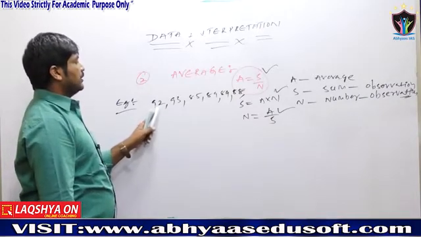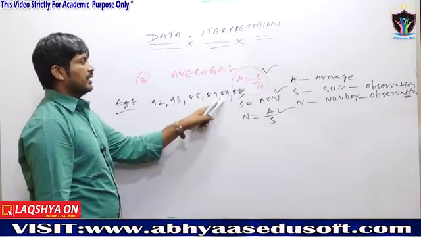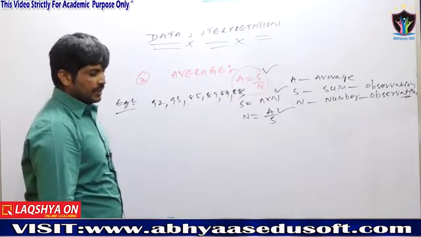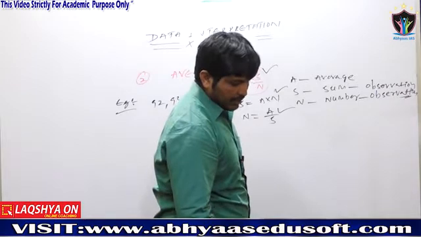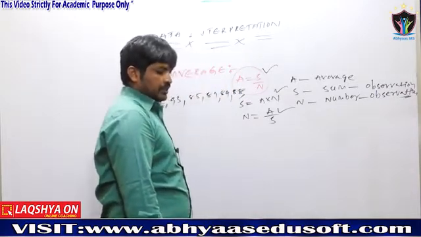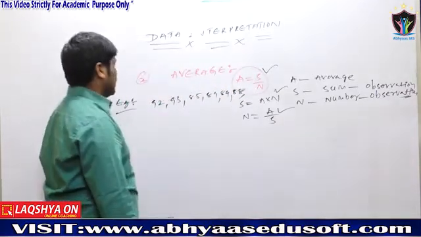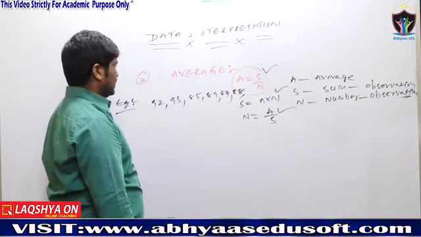So 92, 93, 85, 89, 84 and 88, here we have to calculate the average marks of a student, right friends?